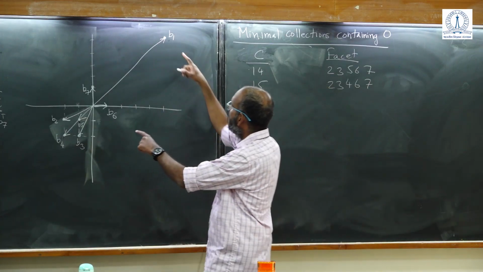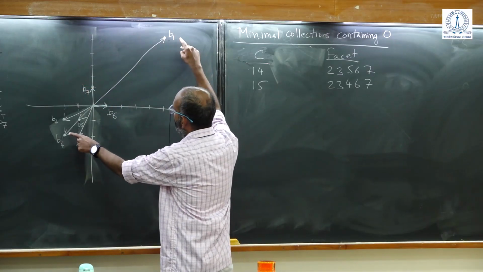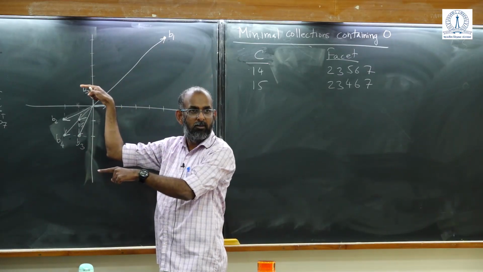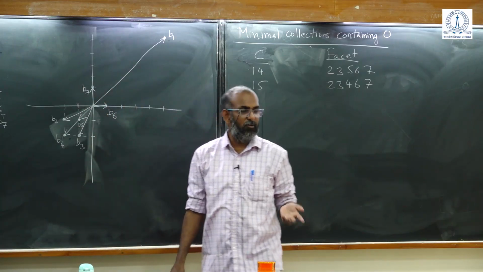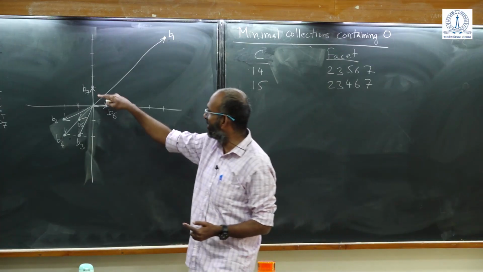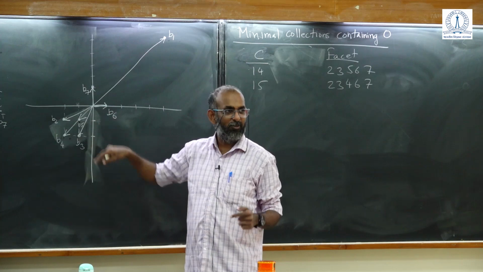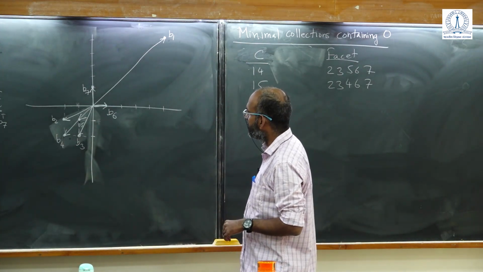Now we should not take anything that contains 1, 4 and add something. So we should not take 1, 4, 7. Right? If we take 1, 4, 7, that 0 will not be in the interior. Right? Because then it will be on the boundary. So we should not take 1, 4, 7. Or 1, 5, 7.